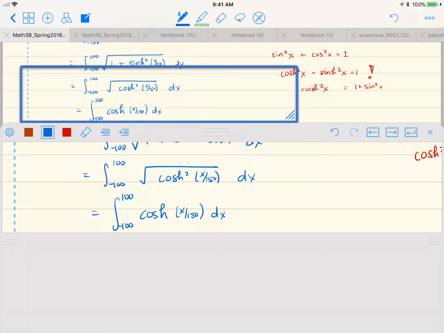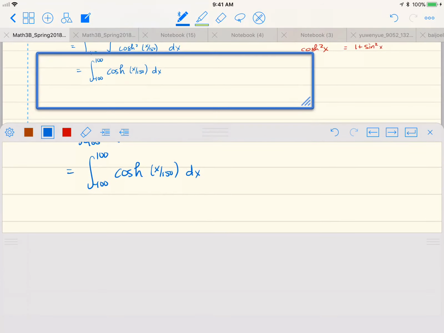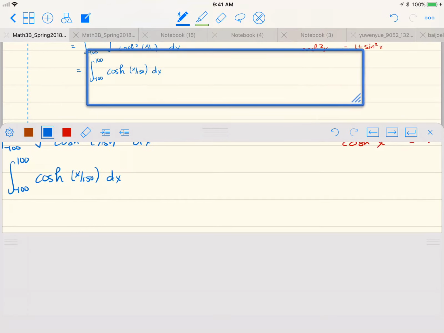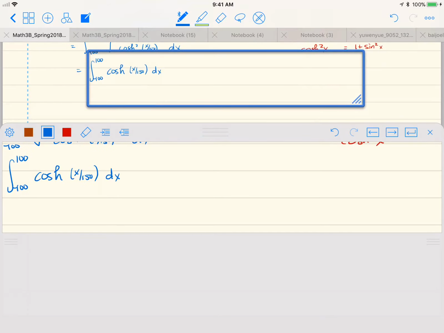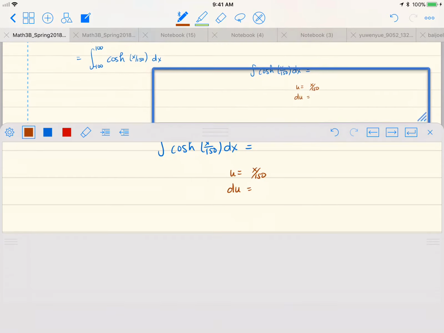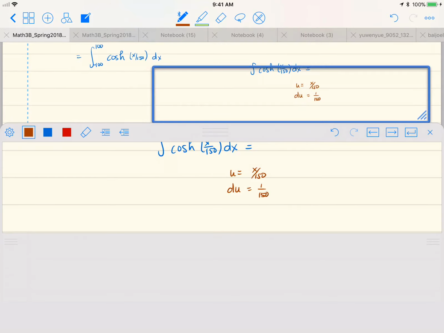from negative 100 to 100. Okay, so I can do a U-substitution. So the integral of cosh of x over 150 dx: let u equal x over 150. Then du is equal to 1 over 150 dx.